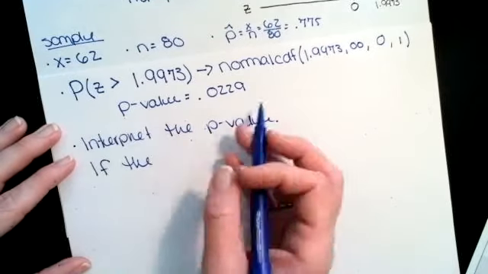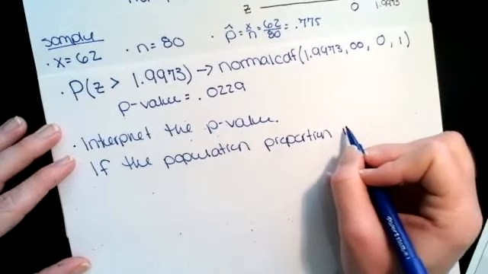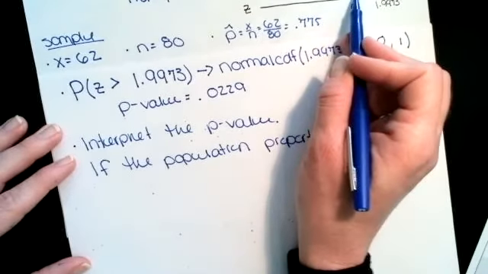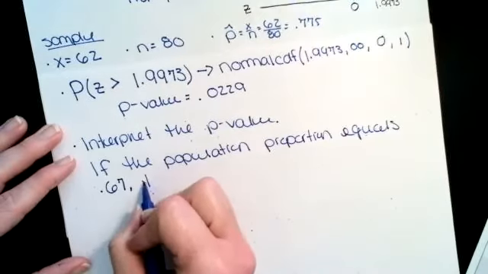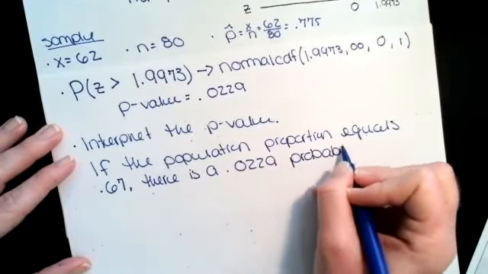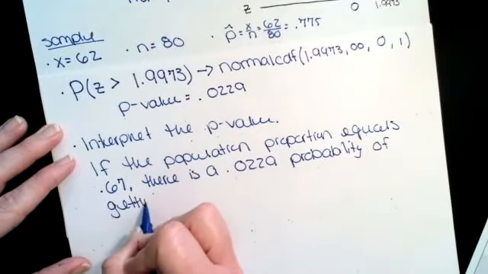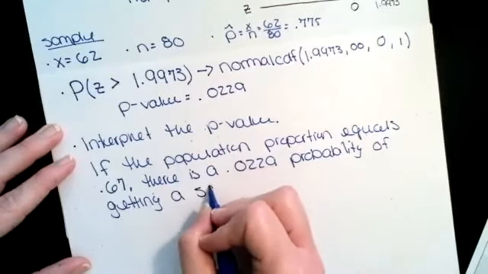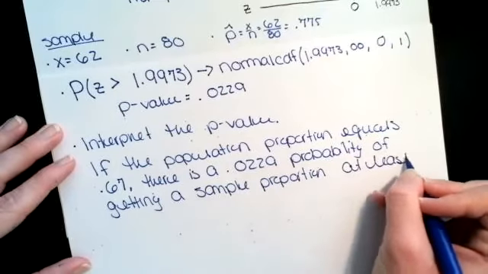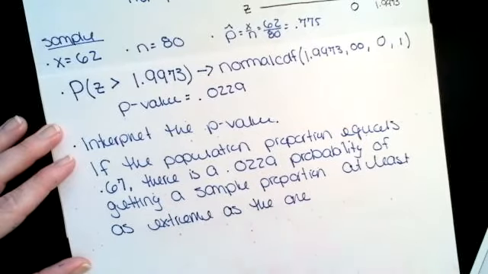Since we're talking about Z proportions, if the population proportion equals, if the center of the curve is my null, my 0.67, then there is a 0.0229 probability of getting another sample proportion at least as extreme as the one we got from our original sample.